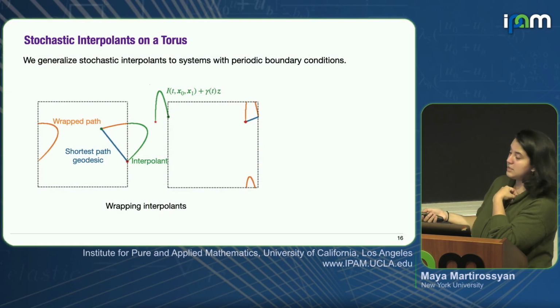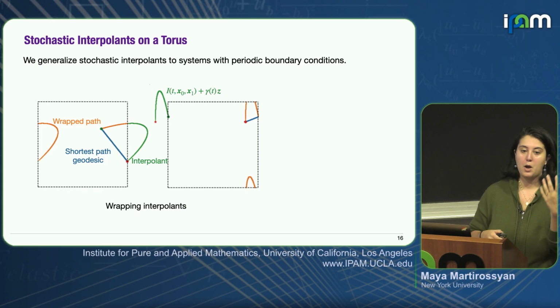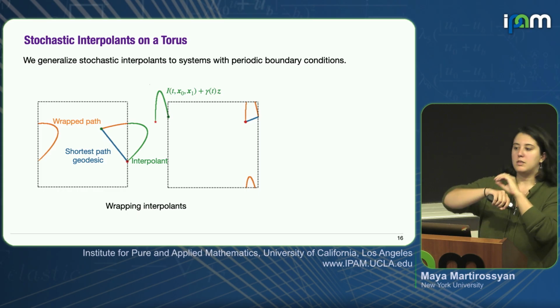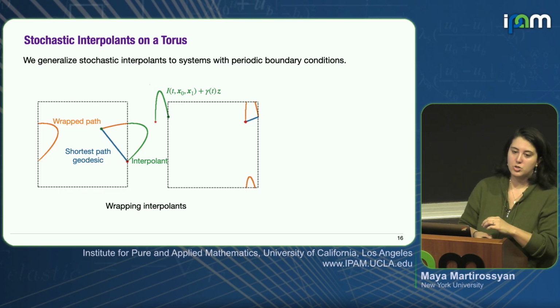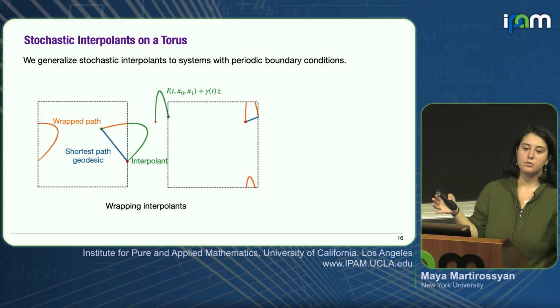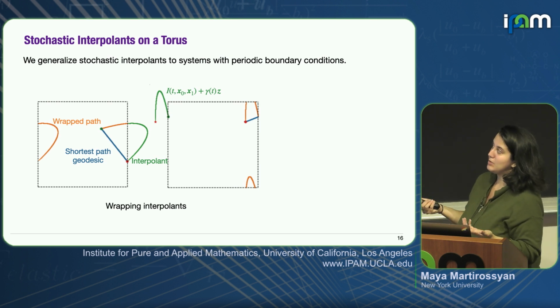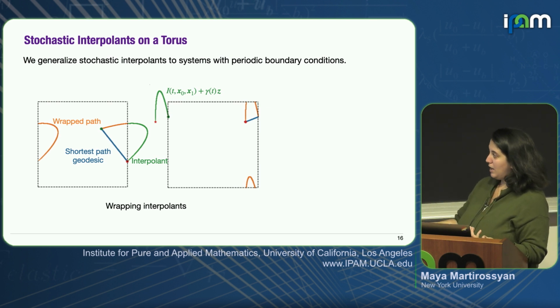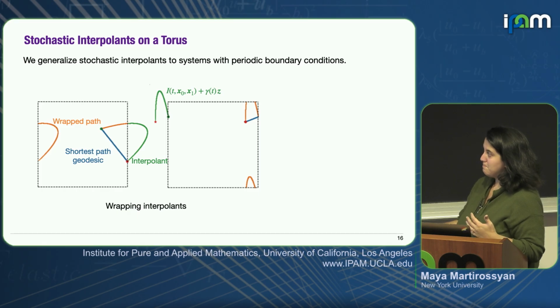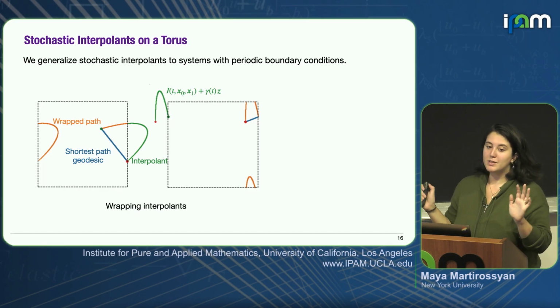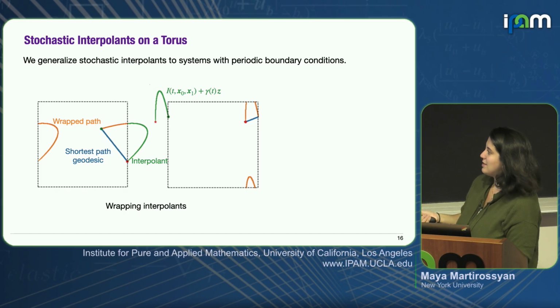And then a neat detail I'll also add is we had to think about how we could generalize this whole bridging samples idea to periodic space, because the positions exist in this periodic box. And so we're doing stochastic interpolants now on a torus. And I think this is the cheapest, simplest thing we could have done.